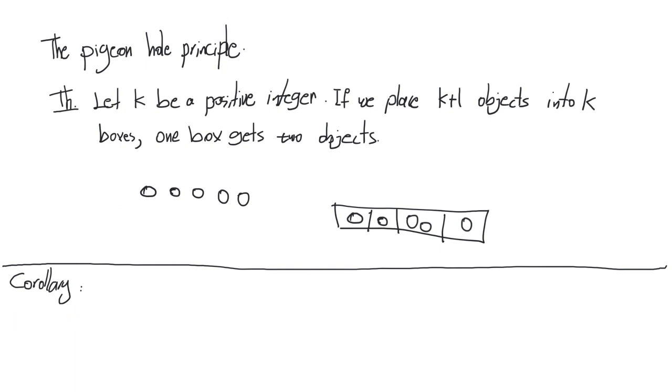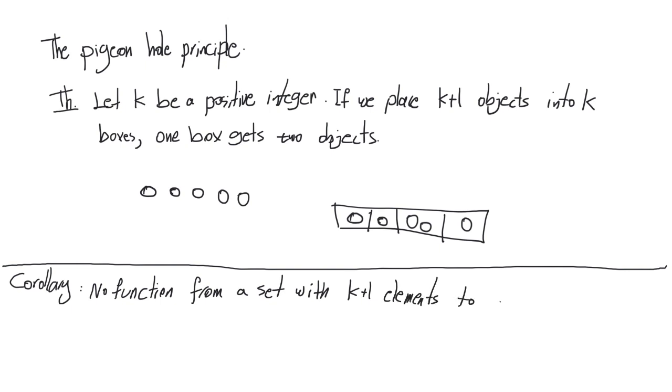A corollary of this theorem, and you recall that corollary means a simple consequence of another theorem, is that no function from a set with k plus 1 elements to a set with k elements can be 1 to 1, right?